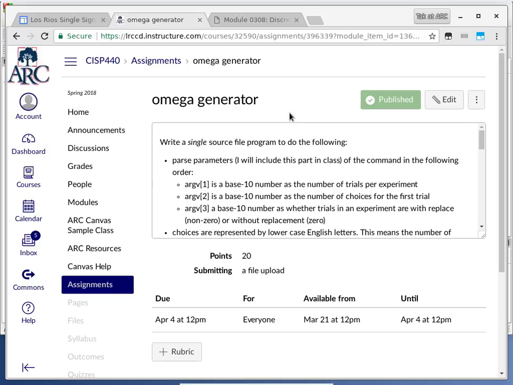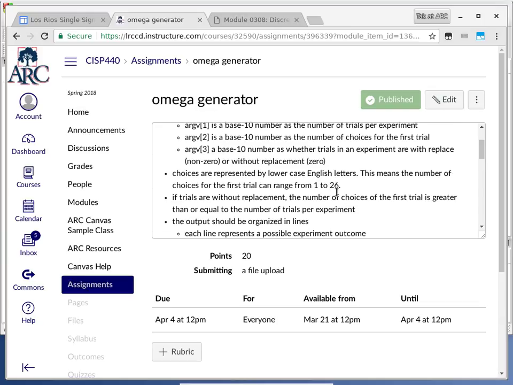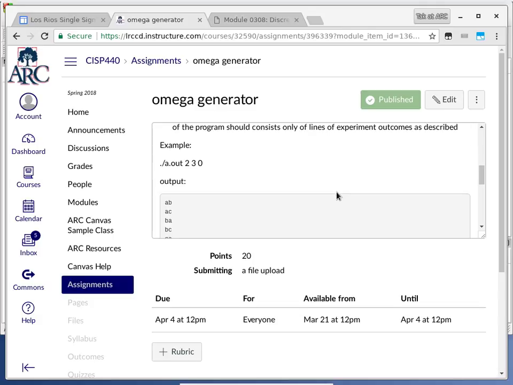Any questions? Yeah, go ahead. Besides the general requirements of the program and using the command line, can we implement it however we want? It has to conform to the rules that are outlined here. So basically, the output has to be lowercase letters a to z. The order does not have to be exactly like this.